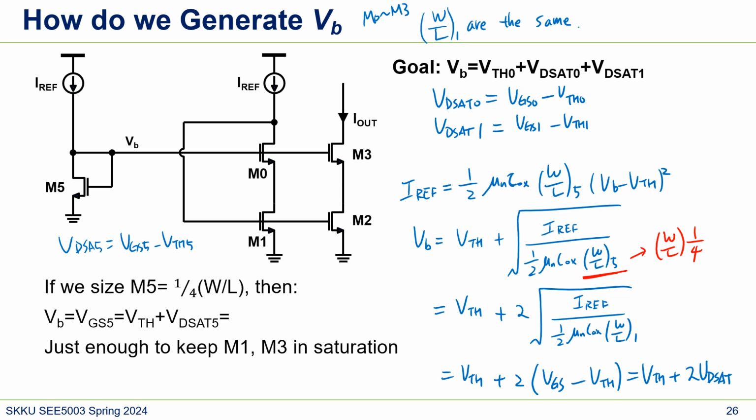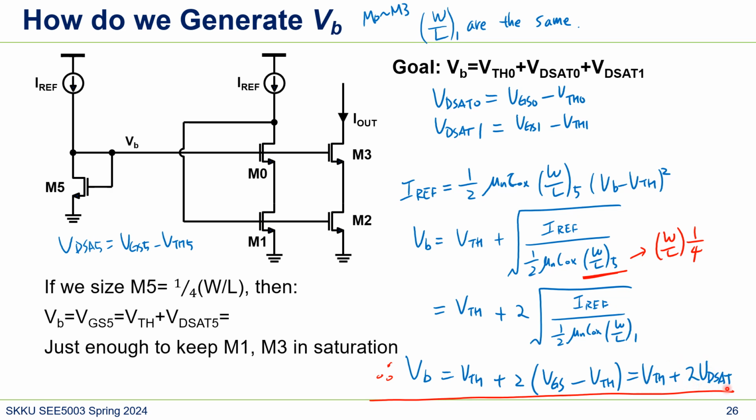So this is our result. By setting this size, we kind of got this value around. This is not exactly the same because VTHs are different, VGS are different, but just assume they're all similar values. We're not using any resistor, so these are all matched.